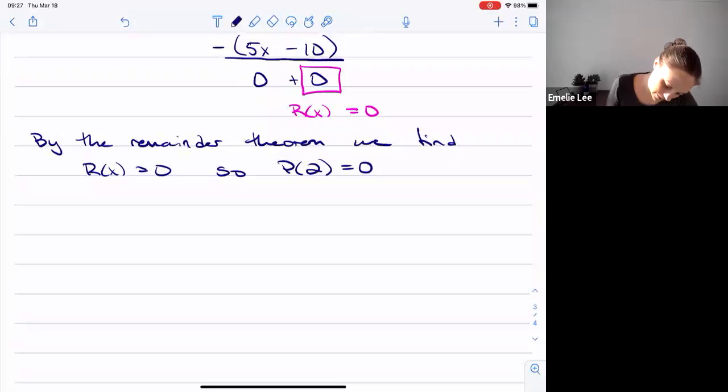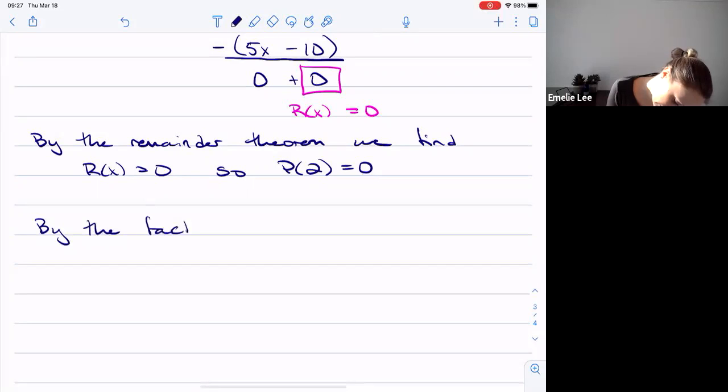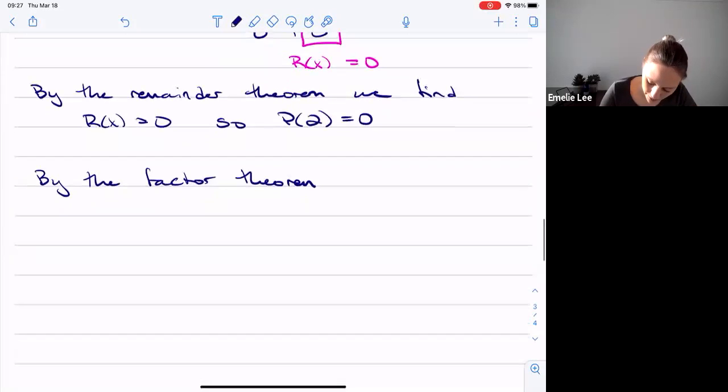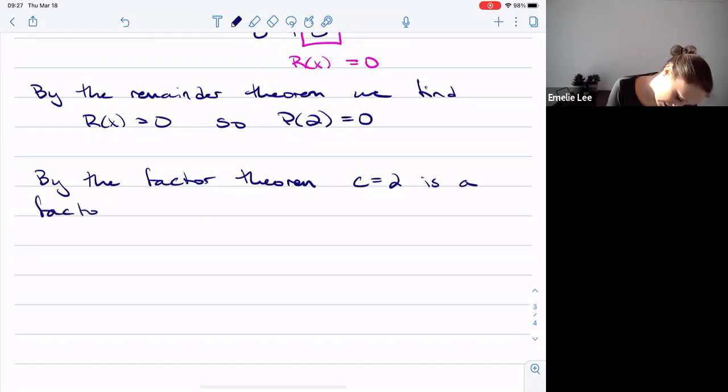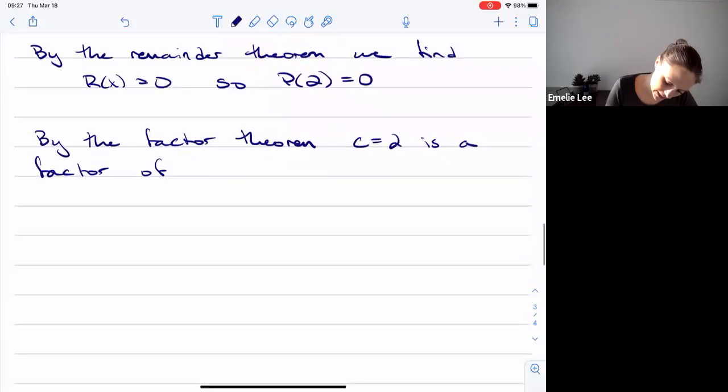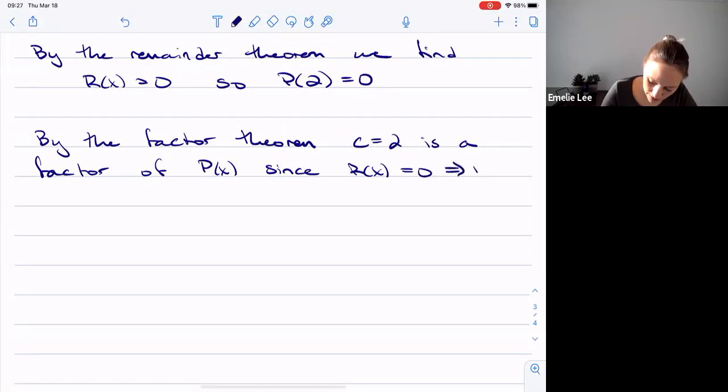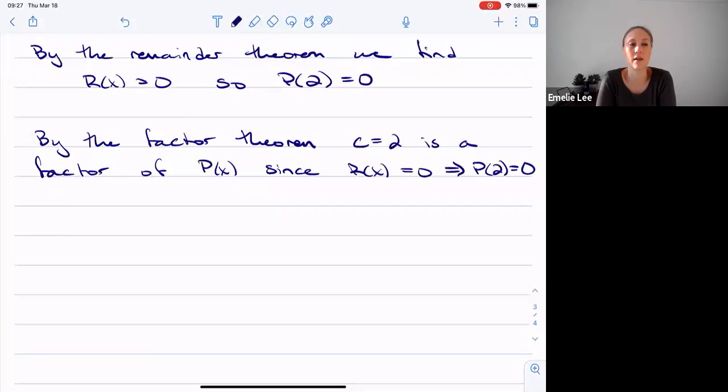And so by the factor theorem, c equals 2 is a factor of p of x, since r of x equals 0, which leads us to p of 2 equals 0, right? And that's what it means to be a factor.